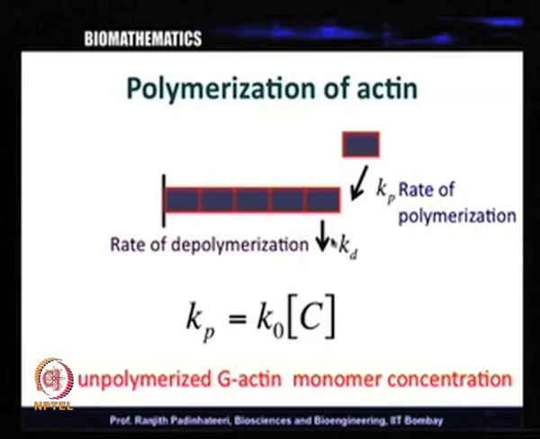And Kd, which is the depolymerization rate, is also something per second, let us say 2 per second. 2 per second means in 1 second, 2 monomers will depolymerize. This one and this one can depolymerize on average every second. That is the meaning of Kd equal to 2 per second. So Kp and Kd are 2 rates.